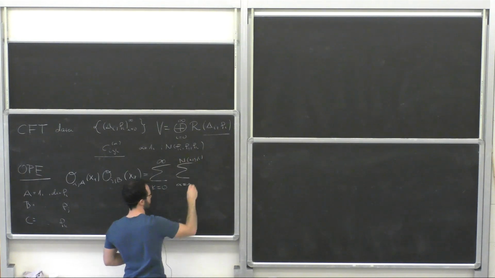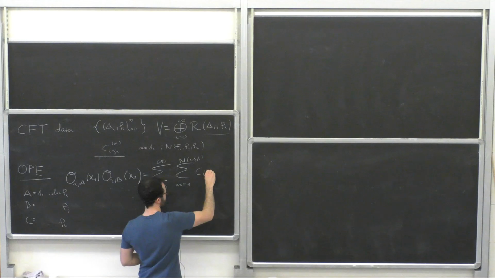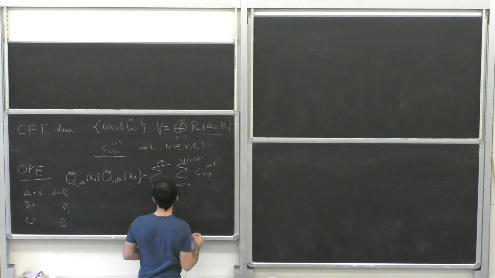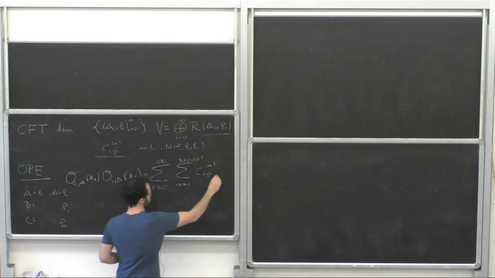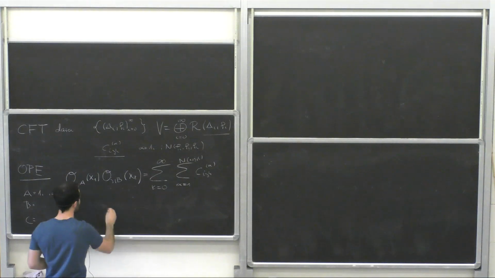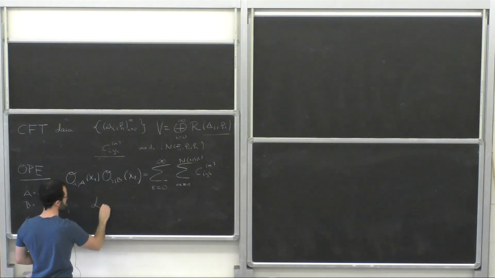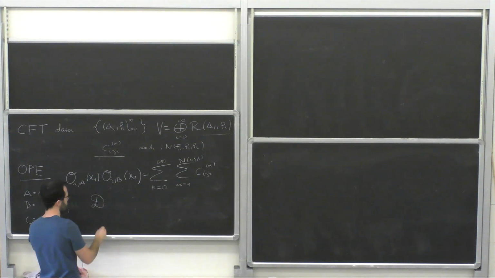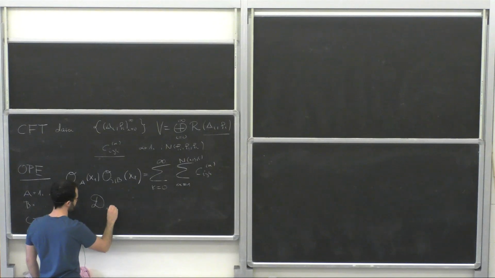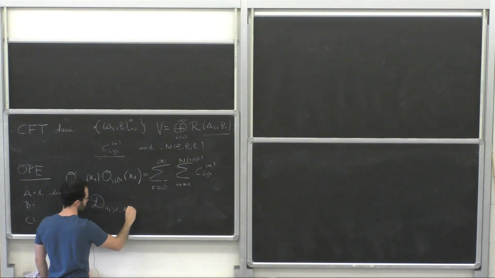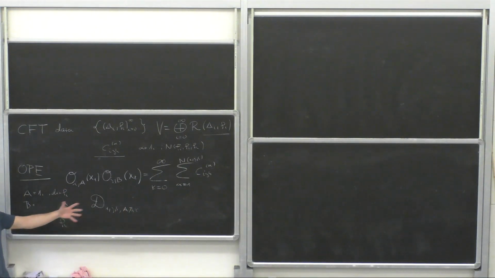That's supposed to be the same number. Then we have a C_IJK^alpha, and then we continue below the line. We have some big differential operator, which depends on I, J, and K. It carries indices A, B, and C. I'm writing it slightly more generally than I wrote it on the board last time, because I want to write the most general thing.